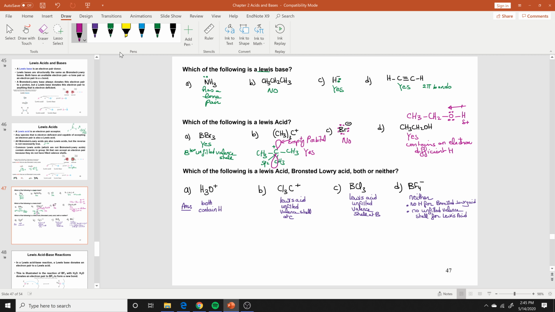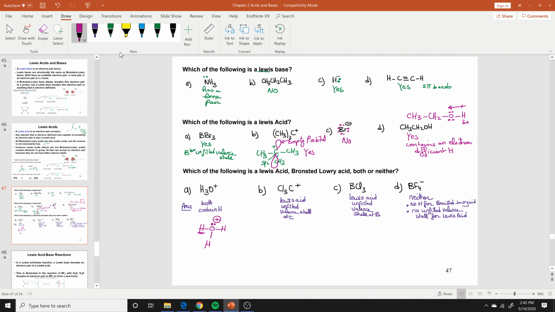Which of the following is a Lewis acid? H3O plus. I'm sorry. Which of the following is a Lewis acid, Bronsted and Lowry acid, both or neither? So I'm looking for both of those. If you need to, write down the Lewis structure for them. The moment you see an acid having a hydrogen, it can act as both.